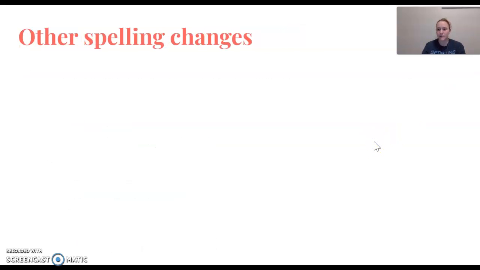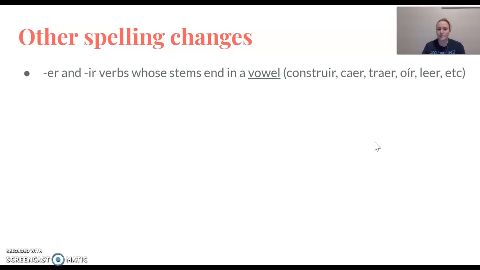Okay? Some other spelling changes that exist in the preterite tense. ER and IR verbs whose stem ends in a vowel, such as construir, to construct, caer, to fall, traer, to bring, oír, to hear, and leer, to read. Leer and traer are going to be the most common ones, and I don't think we ever use oír.